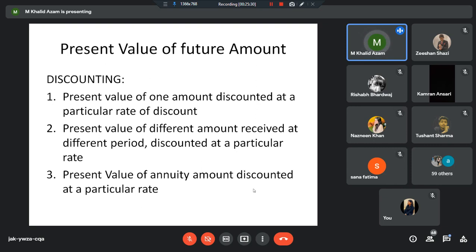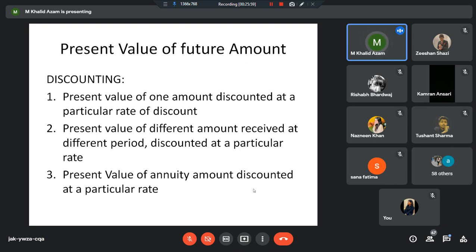But suppose I am not interested in knowing, okay, I am depositing this much amount today and how much I am going to receive after a particular period of time. But I am receiving some money in future. It may be after 4 years, 5 years, or 10 years, I am going to receive that money. What will be its value today?